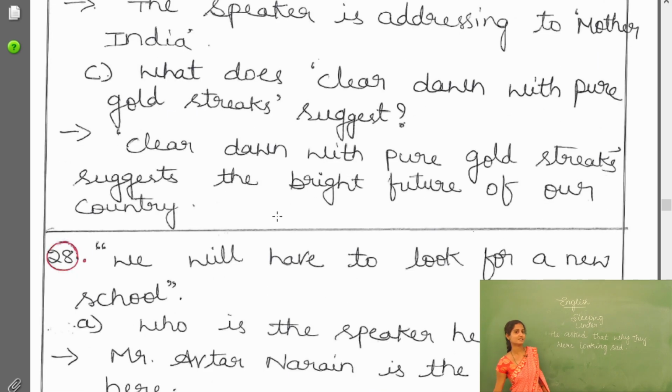Here the poet is asking, shall I sing about the clear dawn with pure gold streaks? Pure gold streaks means the dawn, the sun, shining with a golden ray. Shall I sing about that? That very phrase suggests the bright future of our country.